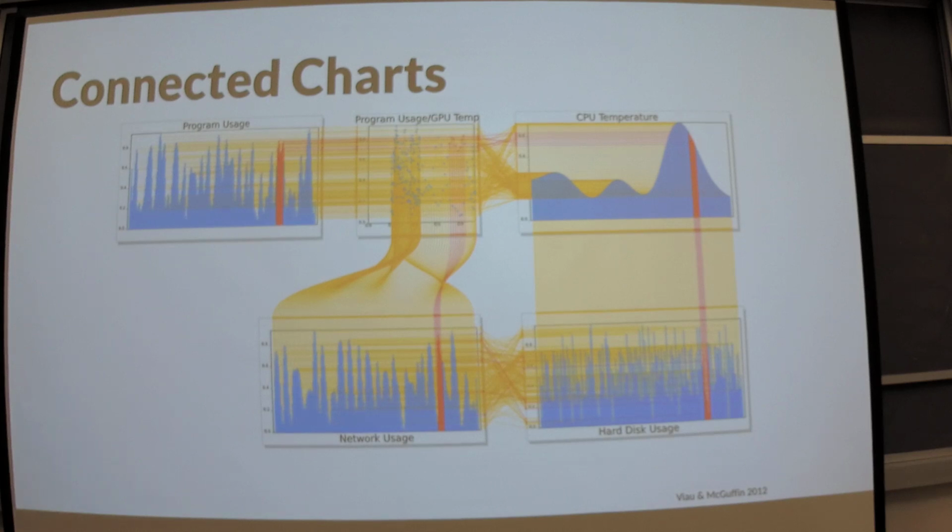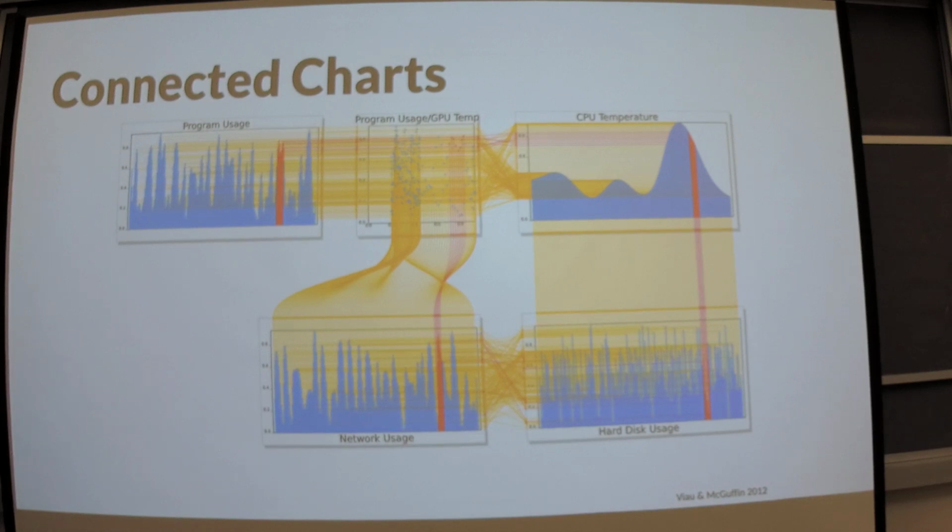Another idea is what you see here, called connected charts. This is if I have charts that are related, like in this case different performance indicators for a computer. You could use something like parallel coordinates to show connection lines to show the same items, right?